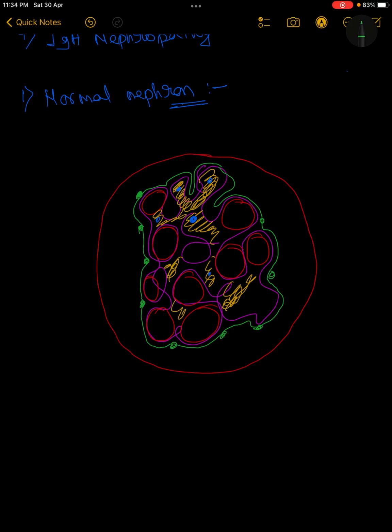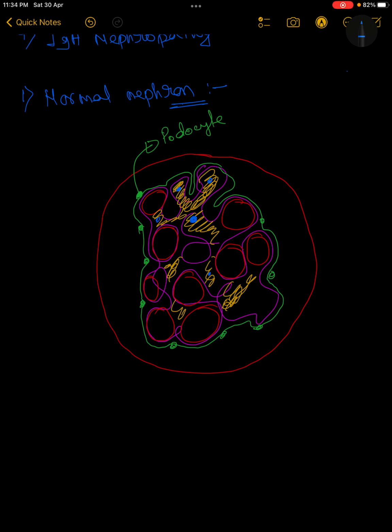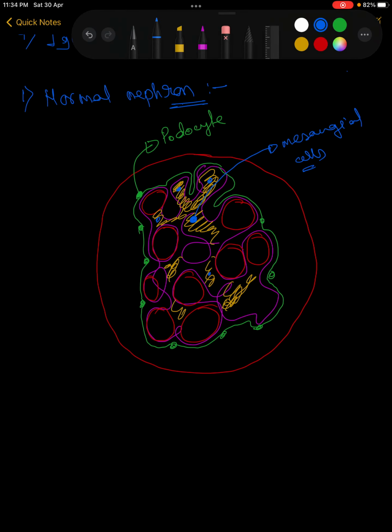What will this peripheral nucleus represent? Podocyte. And there will be another nucleus in this mesangium. What will this represent? Mesangial cells.